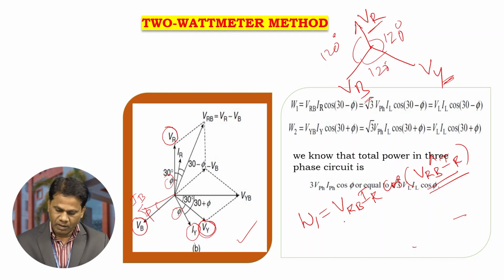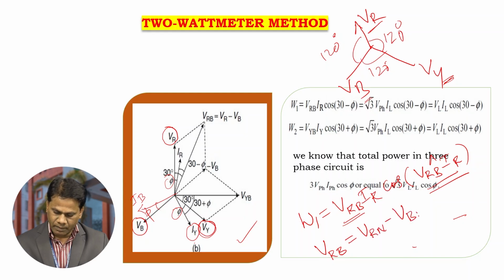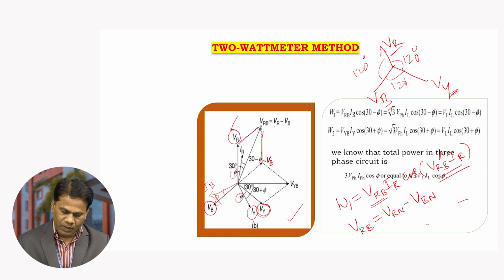Voltage across R phase and B phase is given by VRN minus VBN, these are phase voltages. So if you extend the voltage VB, this is minus VB, and by combining these two we get VRB. VRN minus VBN is nothing but VRB.